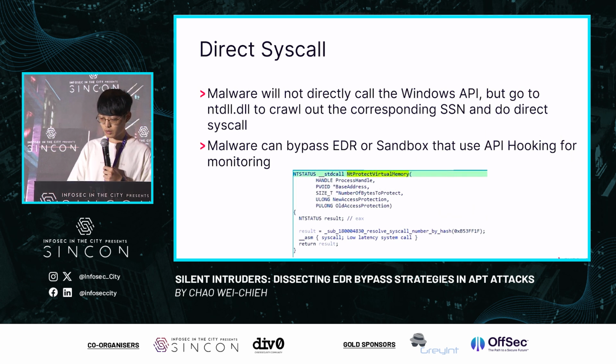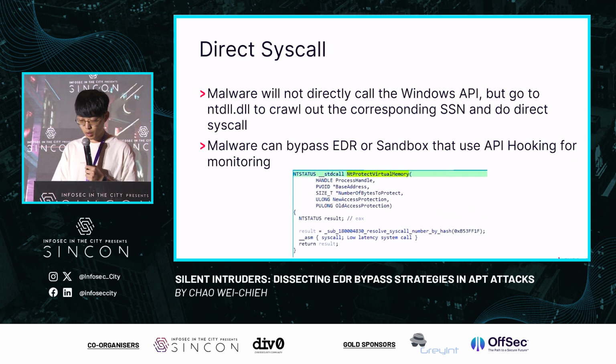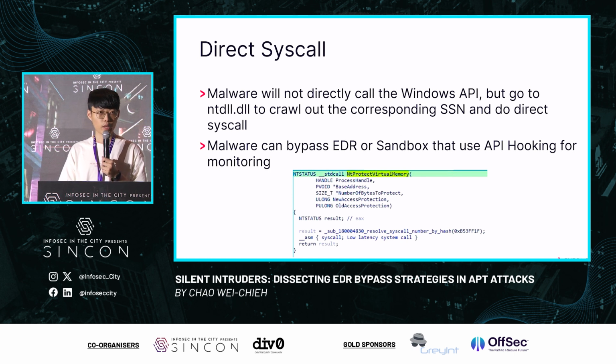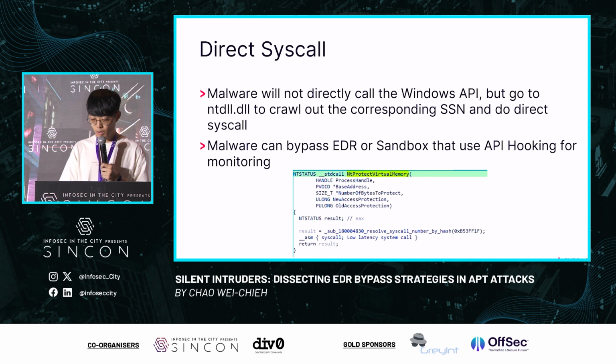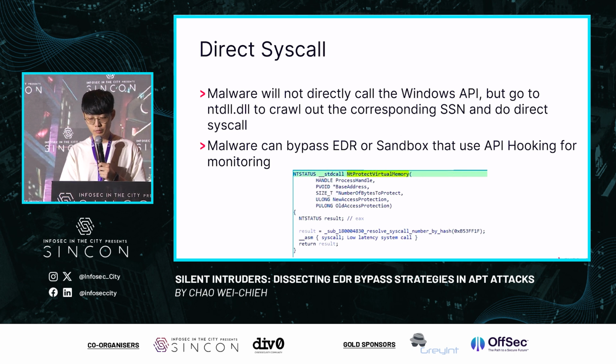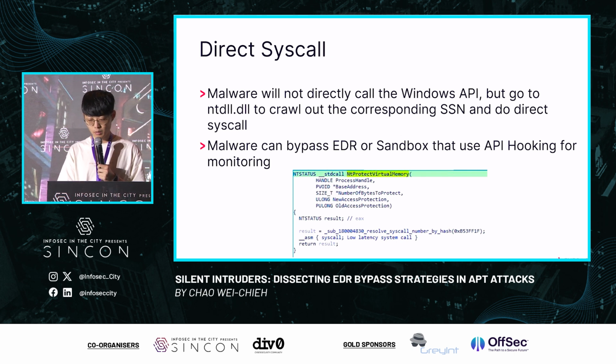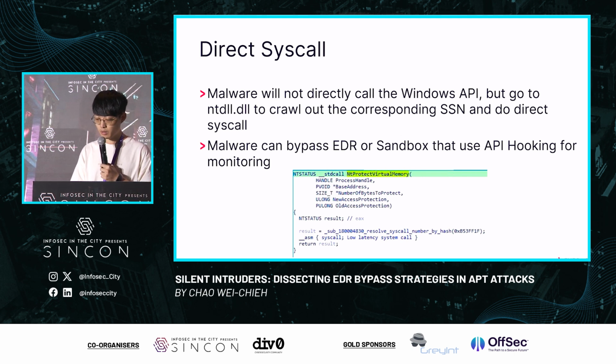Okay, so now we see that this malware actually implements this direct syscall method, and uses it to bypass the API hooking by the EDR. Here they try to find out the SSN by sorting the APIs in the NTDLL, as we mentioned before. Like in the screenshot below, it first finds the syscall number by the hash of the API names.